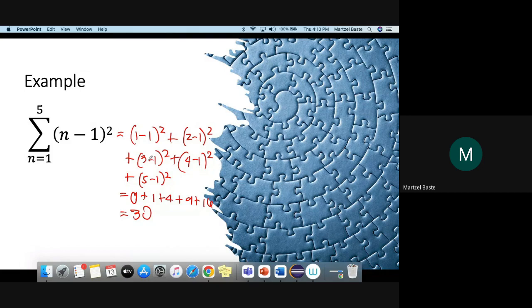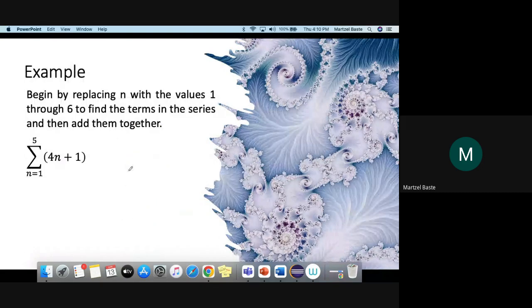Okay, next. This one. So, it looks simple, guys, no? This starts with 4 times 1 plus 1. So your first result is 4 plus 1, which is 5.